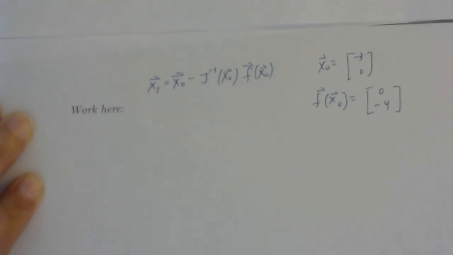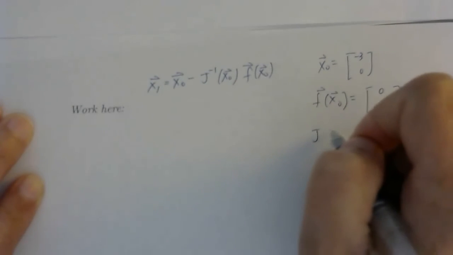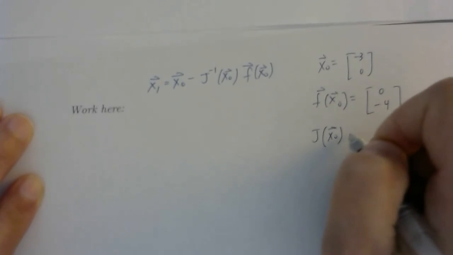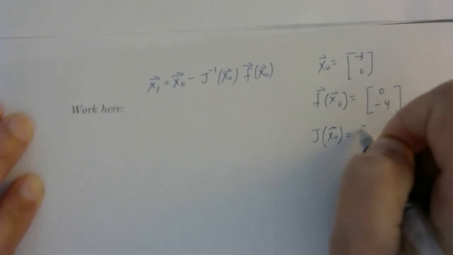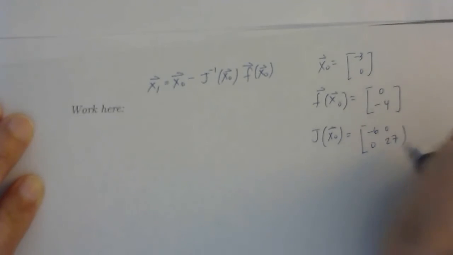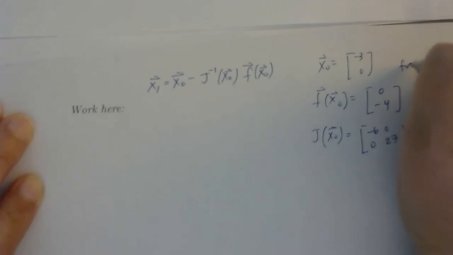Great. And then the Jacobian at x0, we already found the same way, right? This is -6, 0, 0, 27. And I'll write here, this is from page 8 of notes.